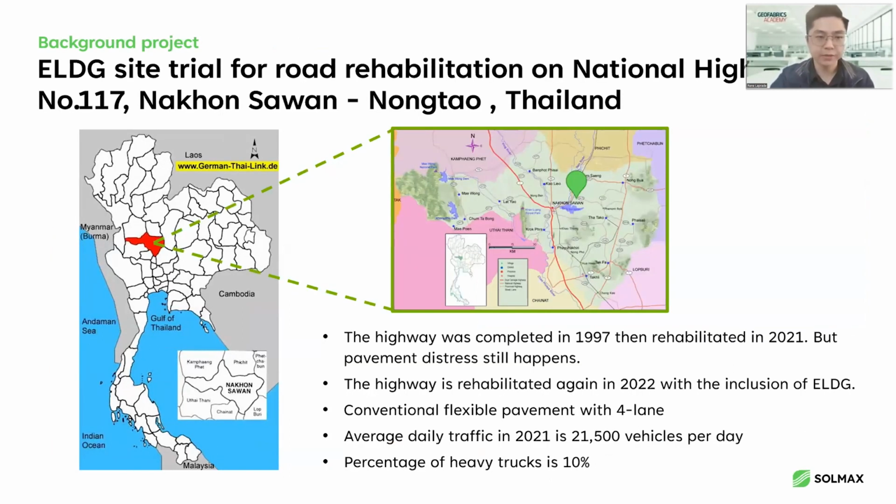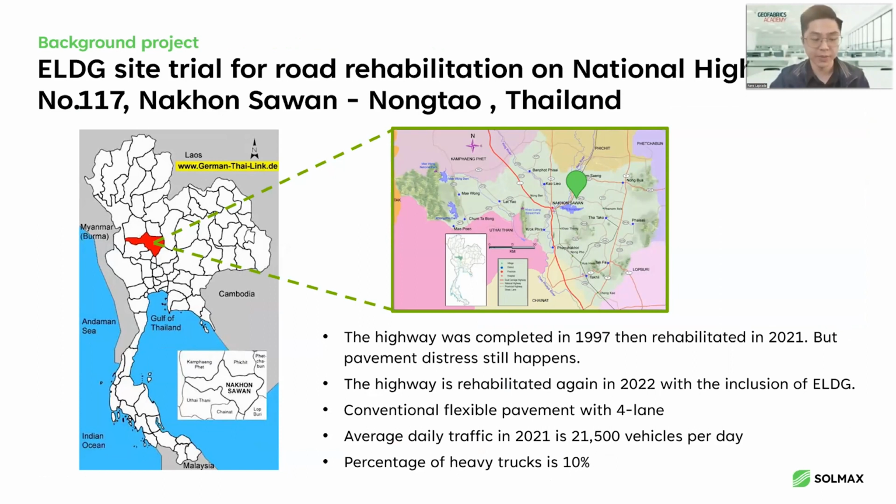Some project background. The highway was completed in 1997, then rehabilitated in 2021, but the pavement distress still happens after the first rehabilitation. And because of that, the highway is rehabilitated again in 2020 with the inclusion of ELDG.